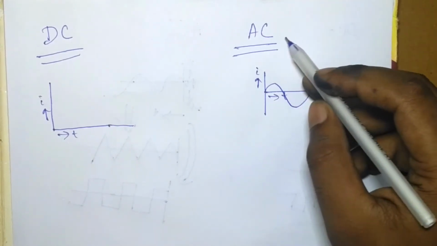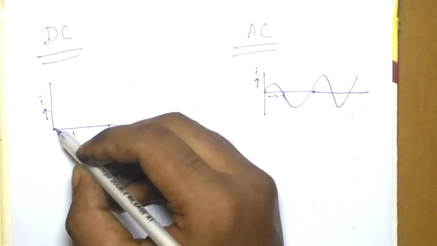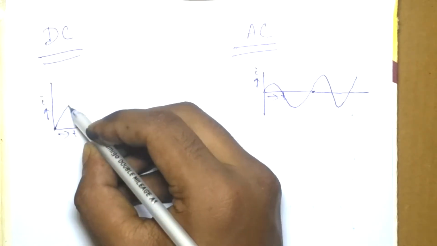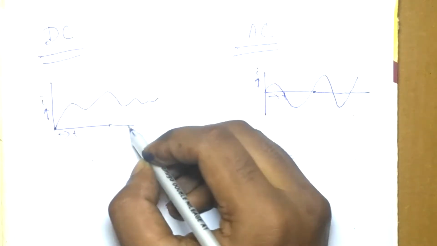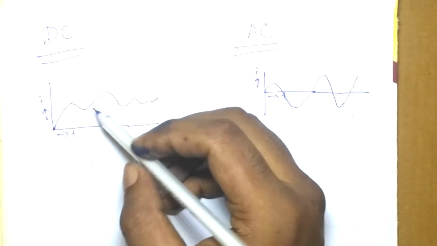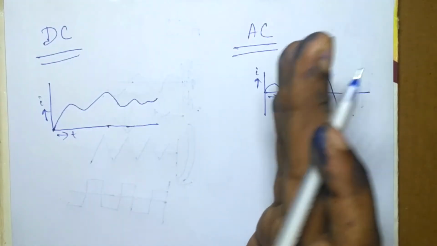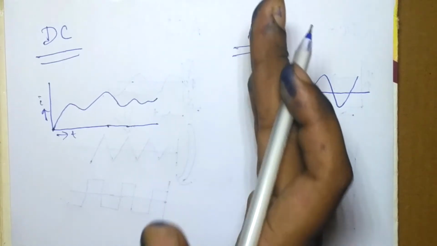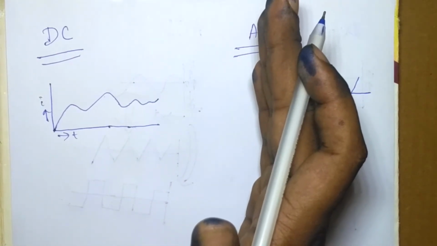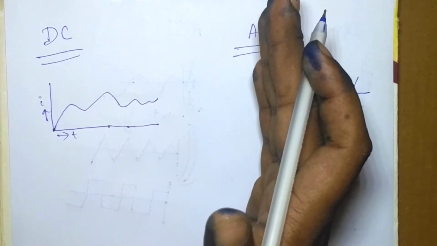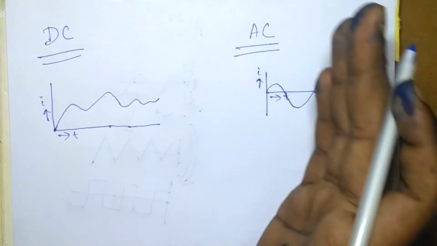And if the curve is not touching the time axis, it can fluctuate but it's not touching the time axis, then it's DC. So DC means it's a unique direction, it's not changing its direction. But in case of AC, it will alter its direction with respect to time.